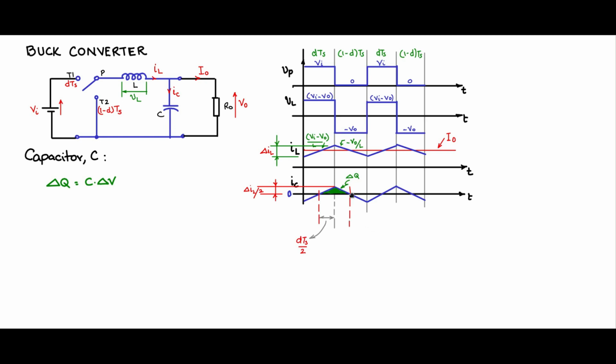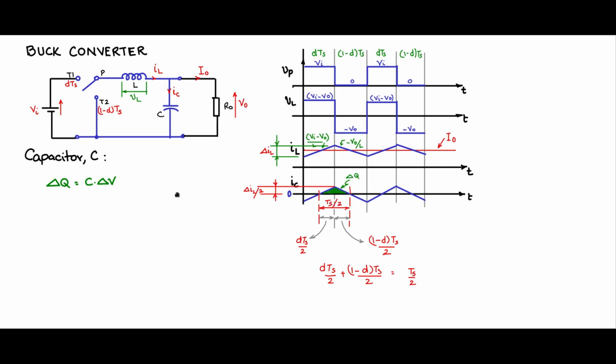Likewise, this is the midpoint in the 1 minus dTs portion. So therefore you have 1 minus dTs by 2. So together you add up dTs by 2 plus 1 minus dTs by 2, which will be Ts by 2. So this is Ts by 2 irrespective of the value of the duty cycle. This is Ts by 2, which is the base.